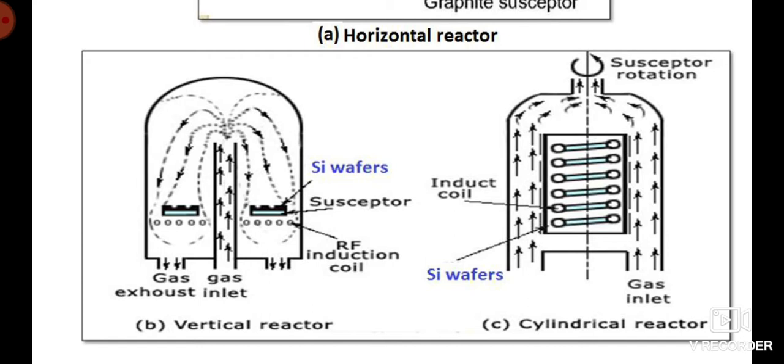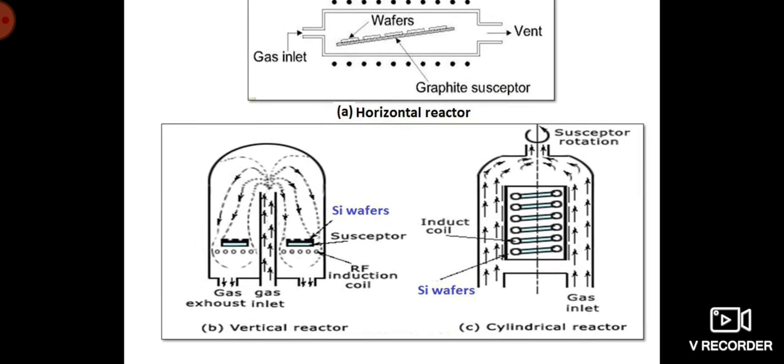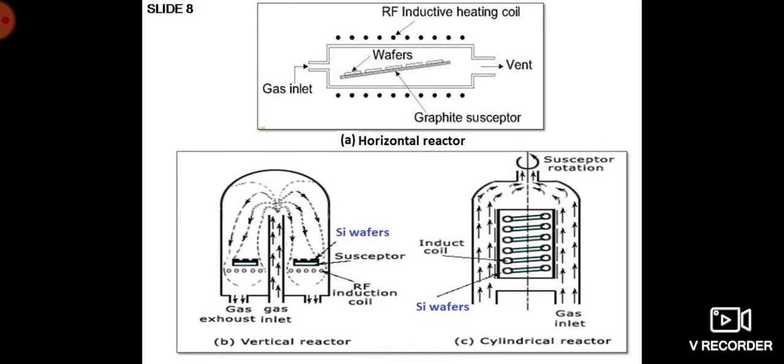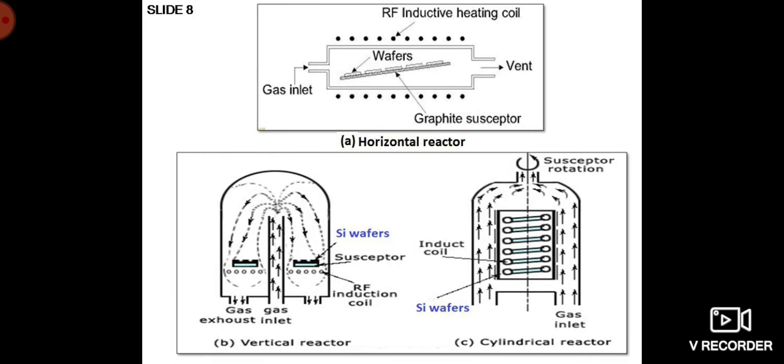Compared to the first one, the horizontal reactor, and the second one, the vertical reactor, more wafers can be placed at a time. That is the advantage of using cylindrical type epitaxial reactors.